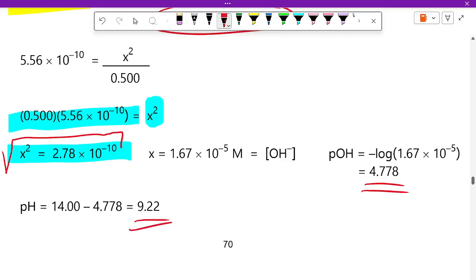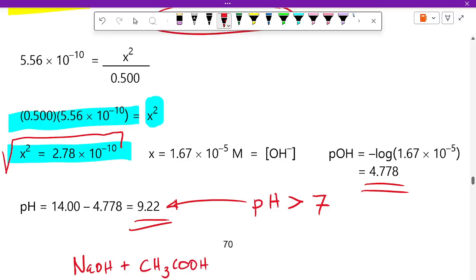And as you can see, the pH is greater than 7 because we took NaOH, we reacted it with CH3COOH. That went to completion because NaOH is a strong base.